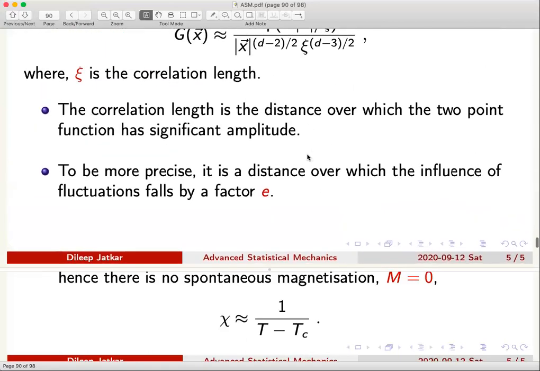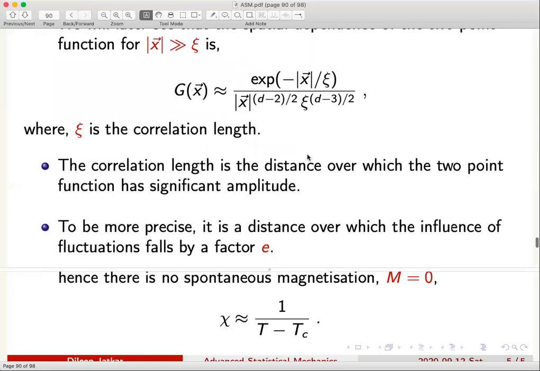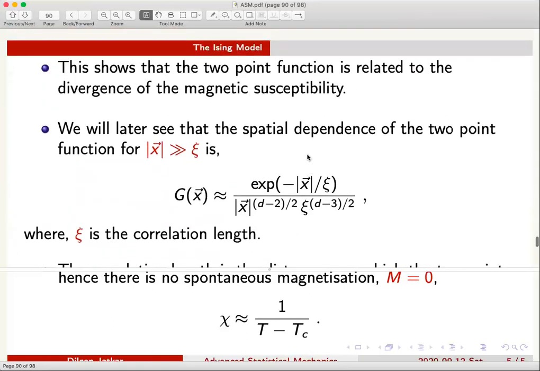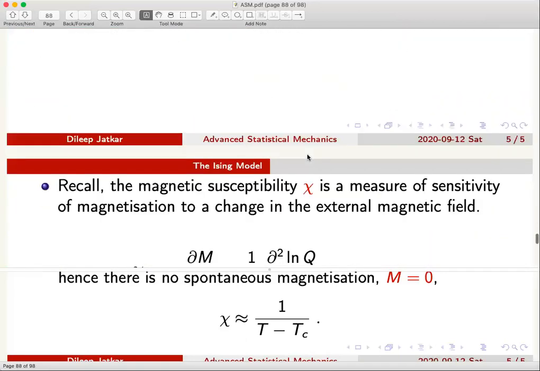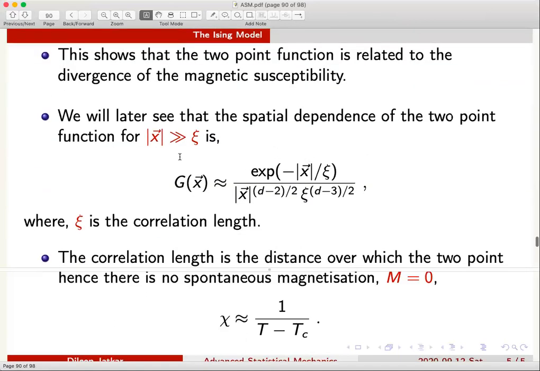We have not particularly discussed how to calculate g of x. No, that's what I said right here, that we have not computed g. In fact, we'll see this computation later. So what we'll do is write down a field theoretic model in which this computation will be easy to do.